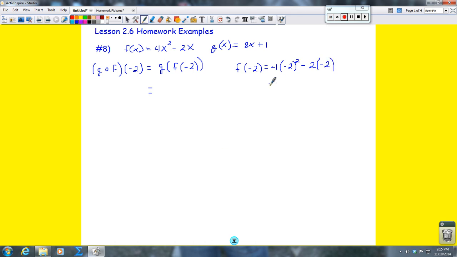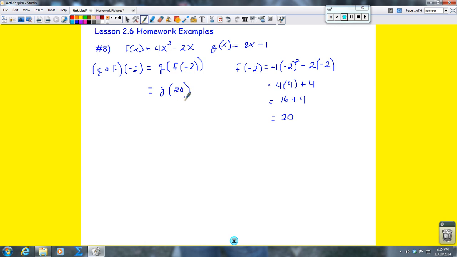That means we are at 4 times 4 plus 4, because it's -2 times -2. So this would be 16 plus 4, which ends up being 20. So f of -2 turned out to be an answer of 20.